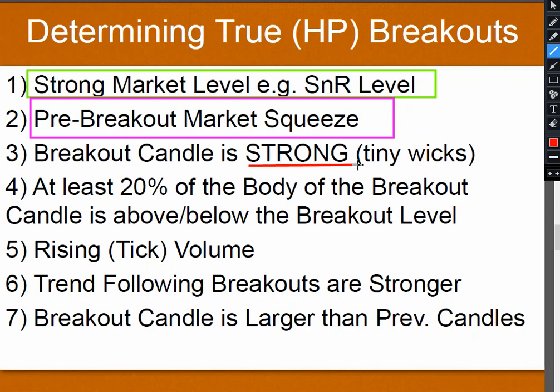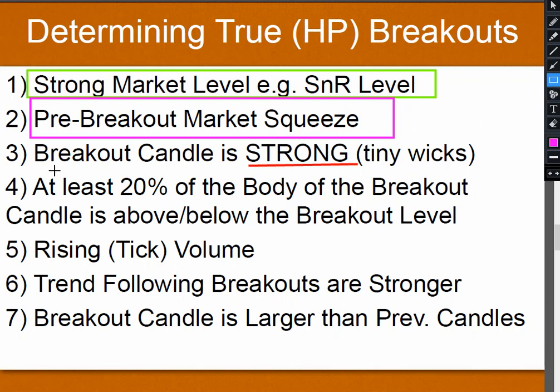Quality number 3, I want the breakout itself to be accomplished by a strong candle. By a strong candle, I mean a candle with tiny wicks. It's not always that it should have tiny wicks. It could have long wicks, but let the body itself be a big body. Let the size of the body be larger than several other candles prior to the candle that has broken your level.